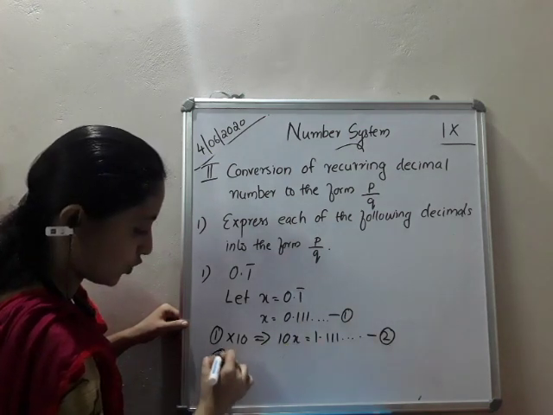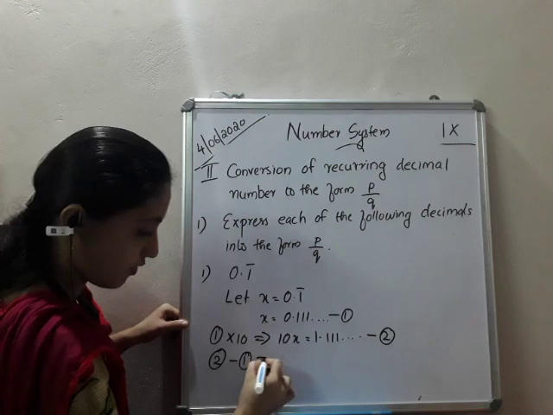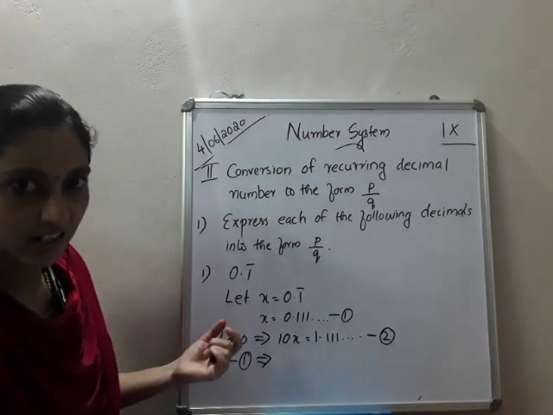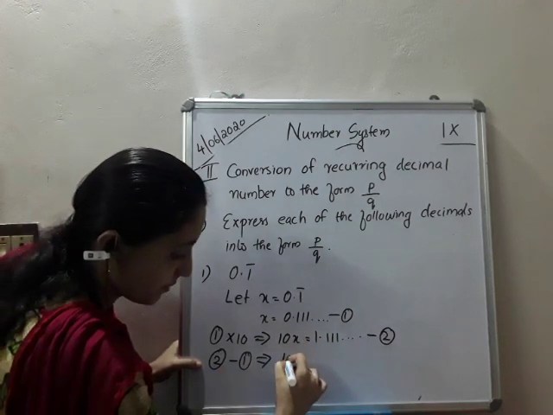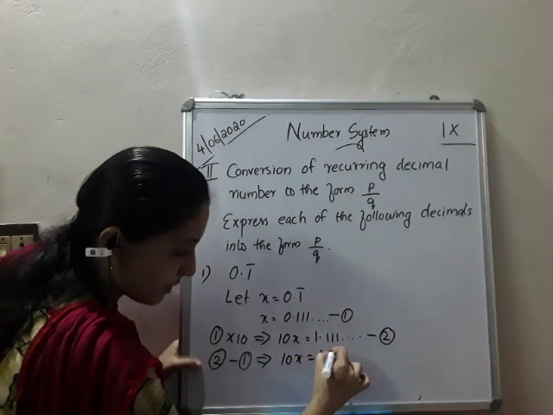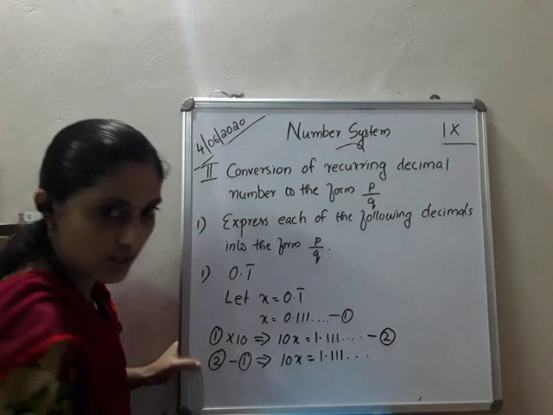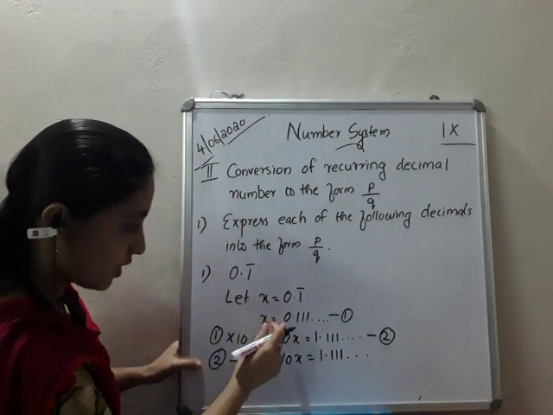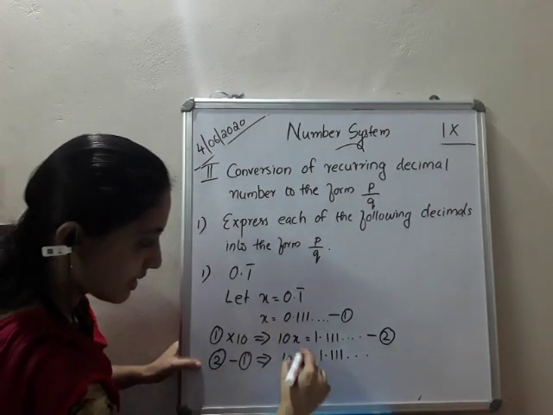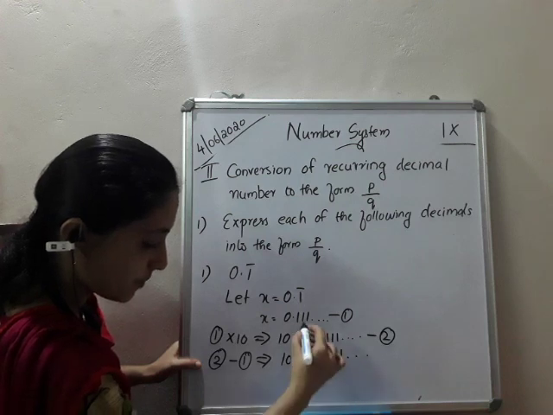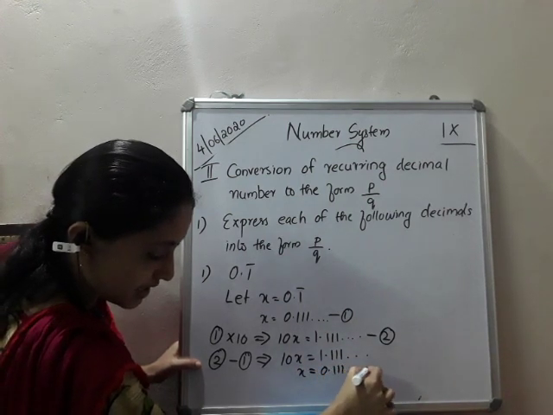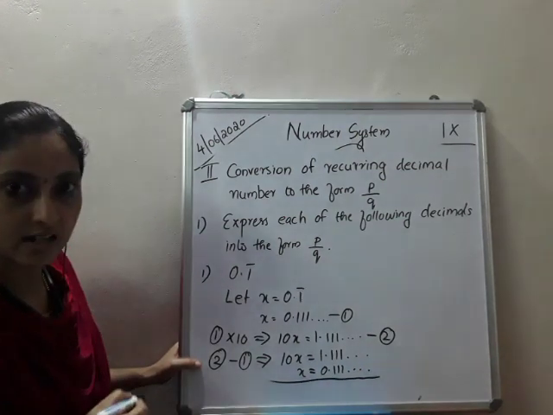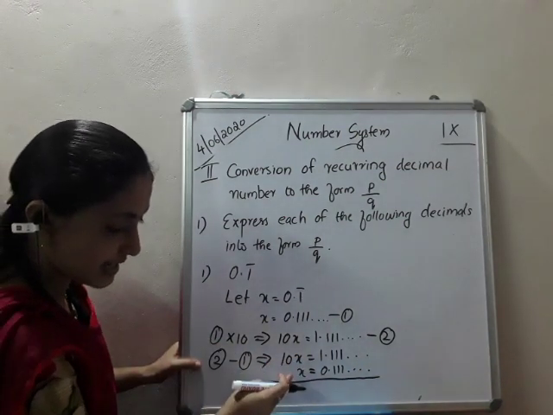So again write it, otherwise you will be confused. Equation number 2 is 10x is equal to 1.111 etc. Equation number 1 is x is equal to 0.111 etc. So you have to subtract 10x minus x.